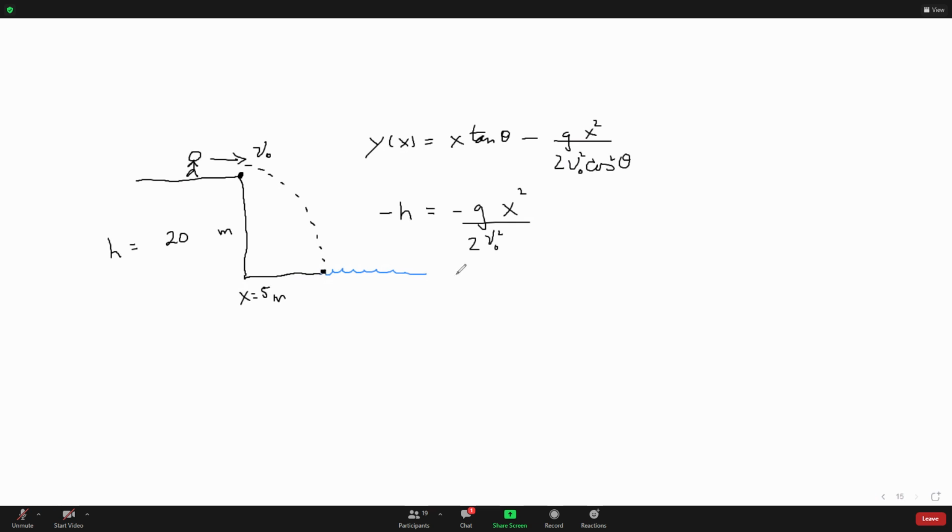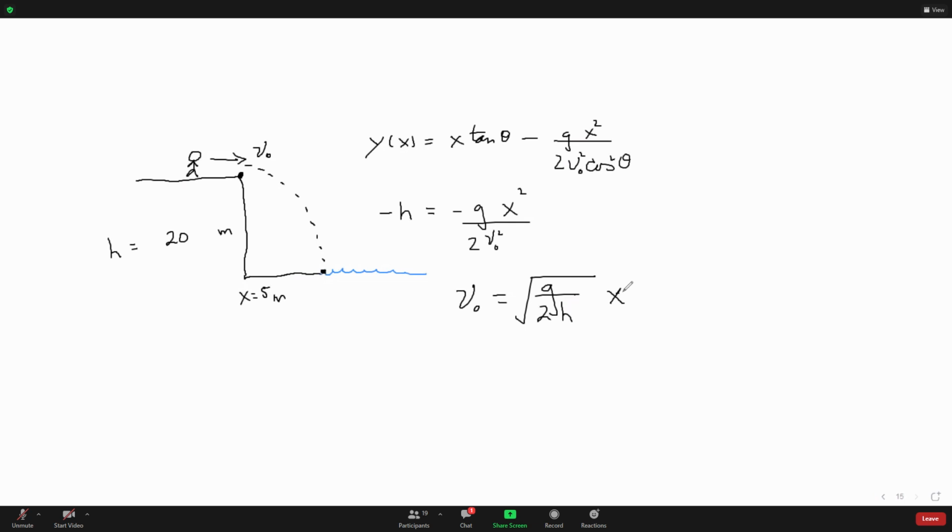So I can solve this for V0, and I get V0 equals the square root of g over 2h times x, where x is 5 meters and h is 20.